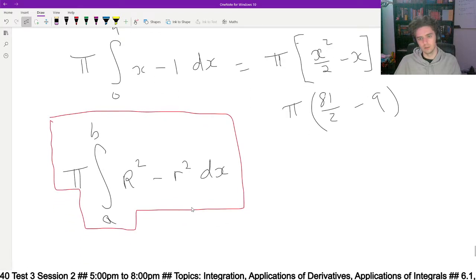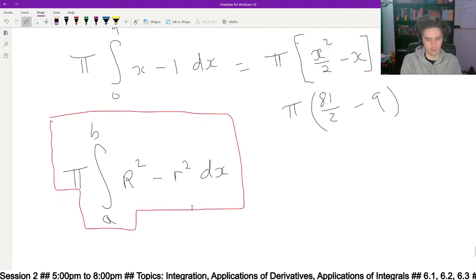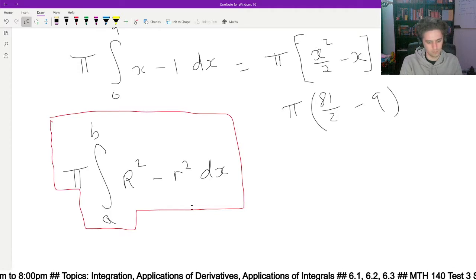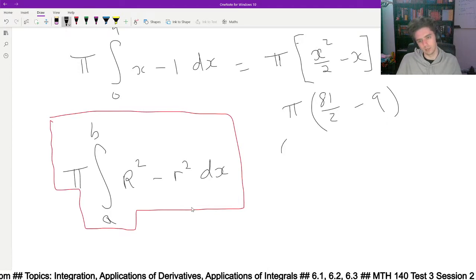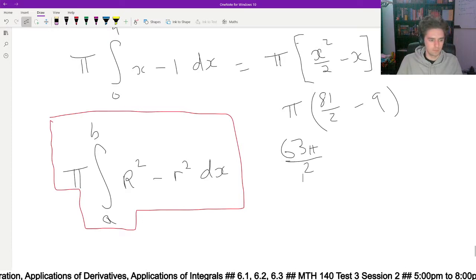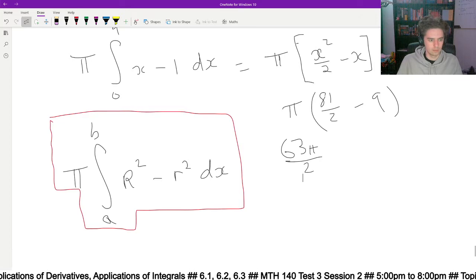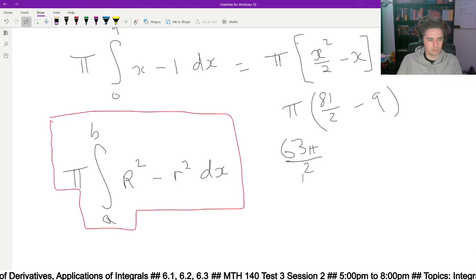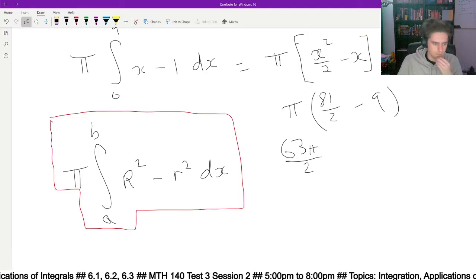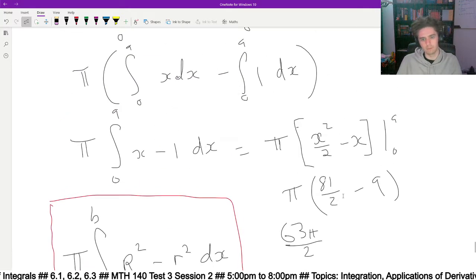So it'll be 81 over 2 minus 9, so 63 over 2. So 63 pi over 2. And there you go.